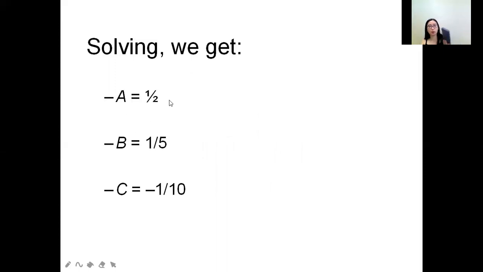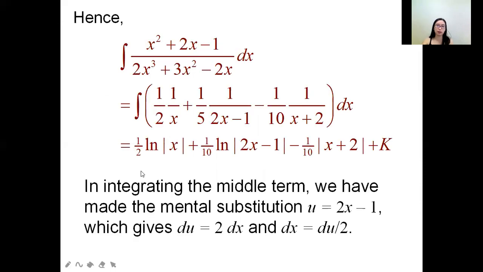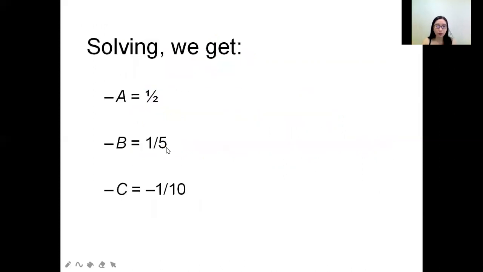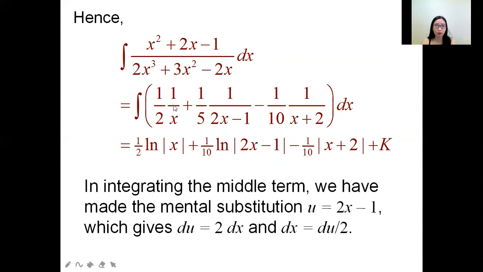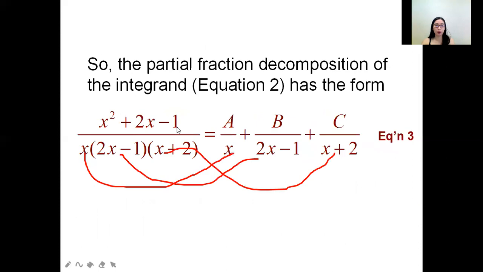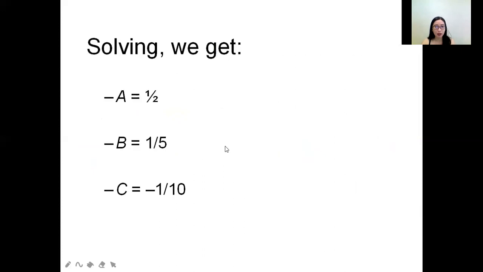So we have A, which is 1/2, B is 1/5, and C is 1/10. Therefore, we substitute this. Hence, the integral of x squared plus 2x minus 1 over 2x cubed plus 3x squared minus 2x dx is equal to 1/2, which is the value of A, 1/2 times 1 over x, plus, what's the value of B? 1/5.